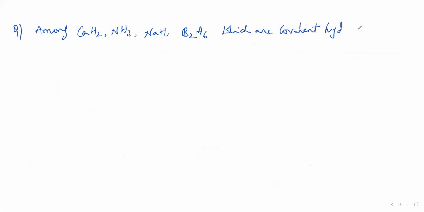Among is based on hydrides. Calcium hydride, ammonia, NaH, and B2H6 diborane, which are covalent hydrides. The question is about covalent hydrides. Options are NH3 and B2H6.